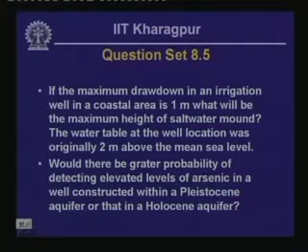The second question that I gave was, would there be a greater probability of detecting elevated levels of arsenic in a well constructed within a Pleistocene aquifer or a similar one constructed within a Holocene aquifer? Pleistocene and Holocene are geologic ages.